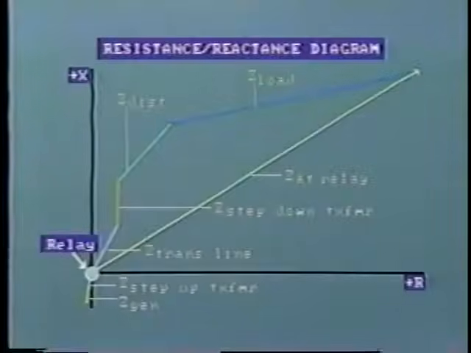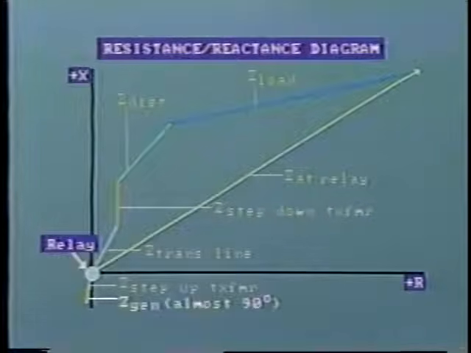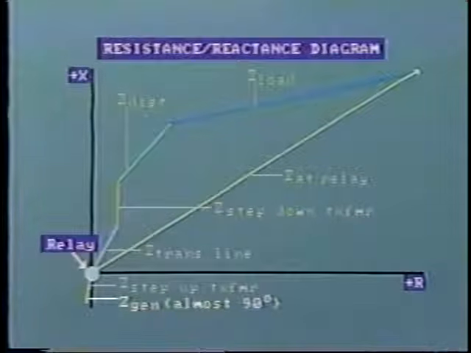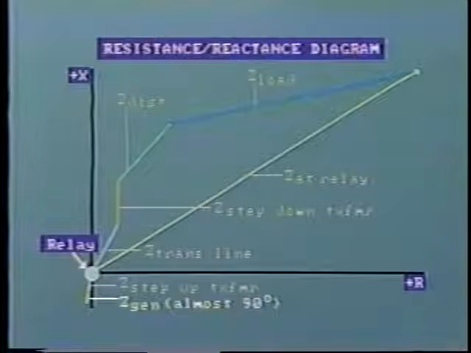Now, let us plot on a resistance-reactance diagram impedance as seen by a relay located after the generator's step-up transformer. First, we have here the impedance of the generator. This is quite a low value and also consists mainly of reactance, as can be seen from the large phase angle.